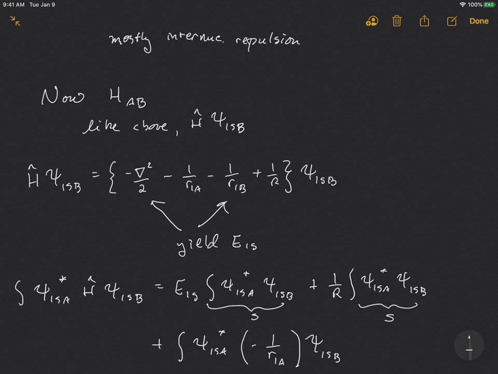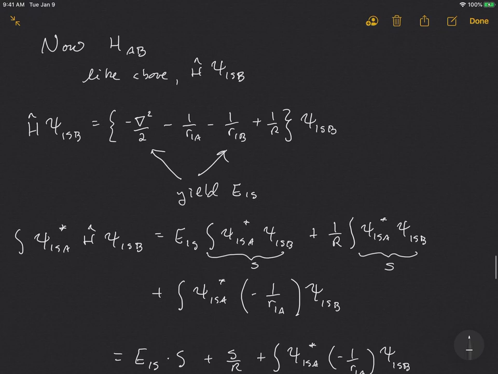And again, we're going to have this 1 over r term here times this integral of psi 1sa star psi 1sb. That again also gives us s. So that part of this integral is kind of already taken care of. And then we're going to still have this leftover term, which is the integral of psi 1sa star minus 1 over r a psi 1sb.